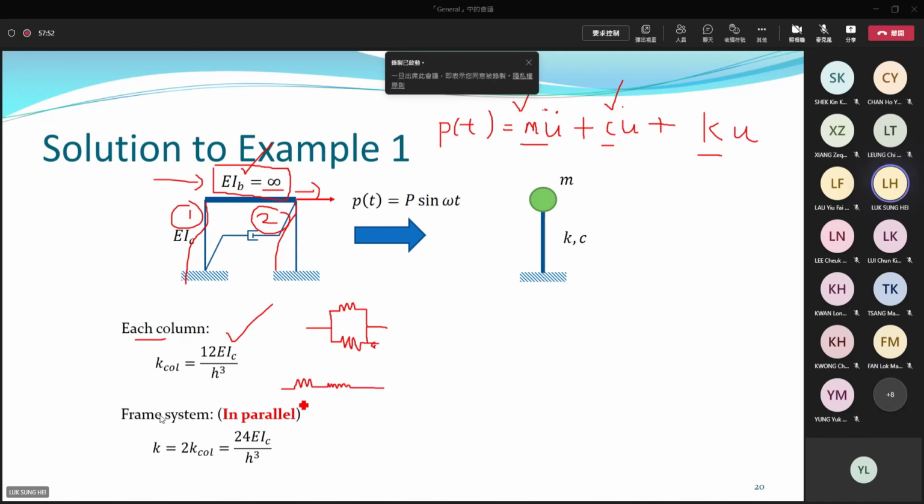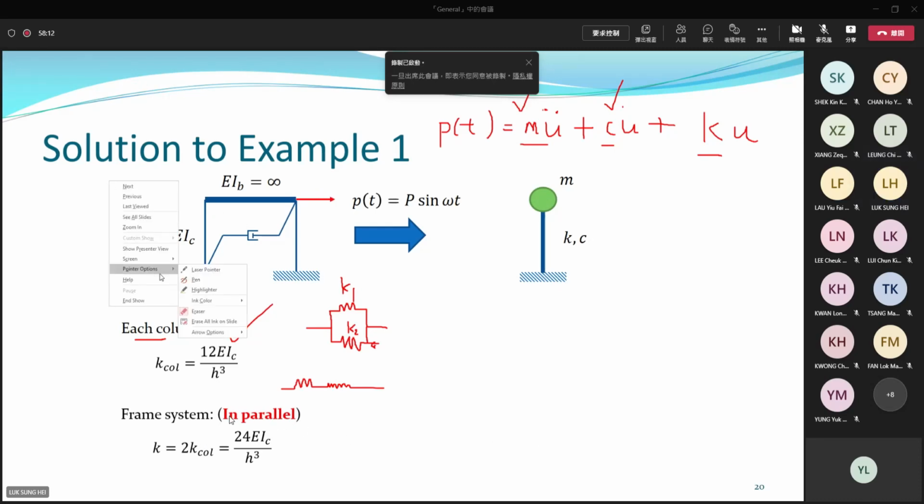You have learned how to combine stiffness K1, K2 together to obtain the so-called equivalent stiffness. This frame structure is just like a parallel system in fact. What is the criterion for a parallel system? A parallel system means all springs are under the same displacement. When this system displaces horizontally, spring 1, spring 2 are under the same displacement.